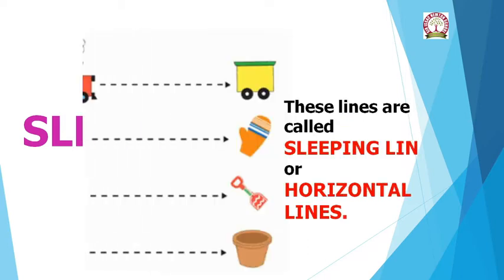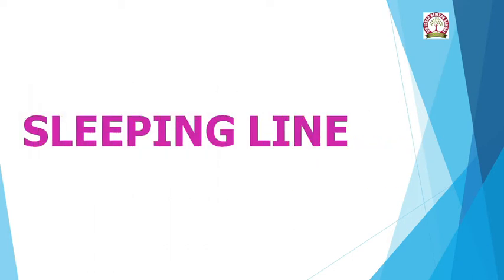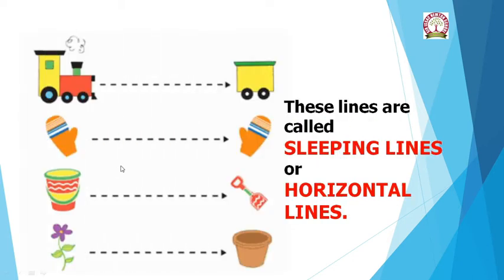This is called a sleeping line, or we can also call it a horizontal line. Why are we calling it a sleeping line?